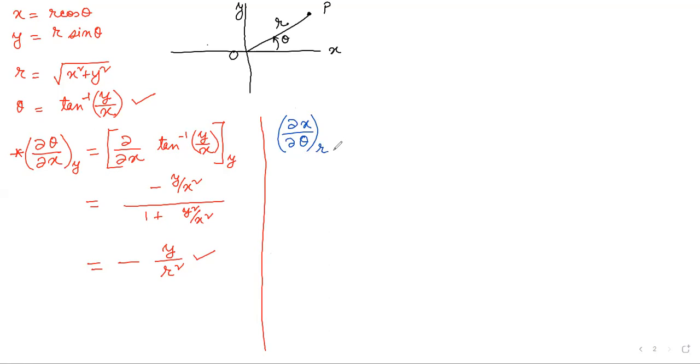To calculate this, we use this relation. So dou x by dou theta is the differentiation of r cos theta, keeping r constant. This will be minus r sine theta. And r sine theta is y. Therefore, minus r sine theta is nothing but minus y.